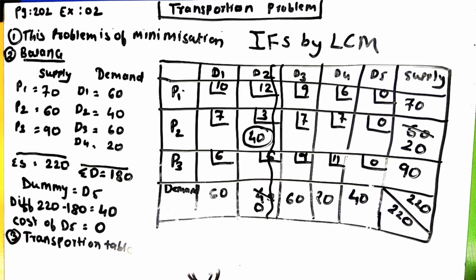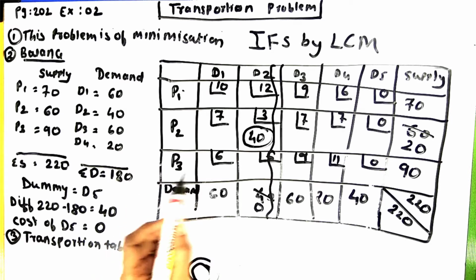When we have a tie in the least cost, we use the second rule, which is maximum allocation. Let me show you what maximum allocation is. Right now we have to consider both costs because there is a tie.